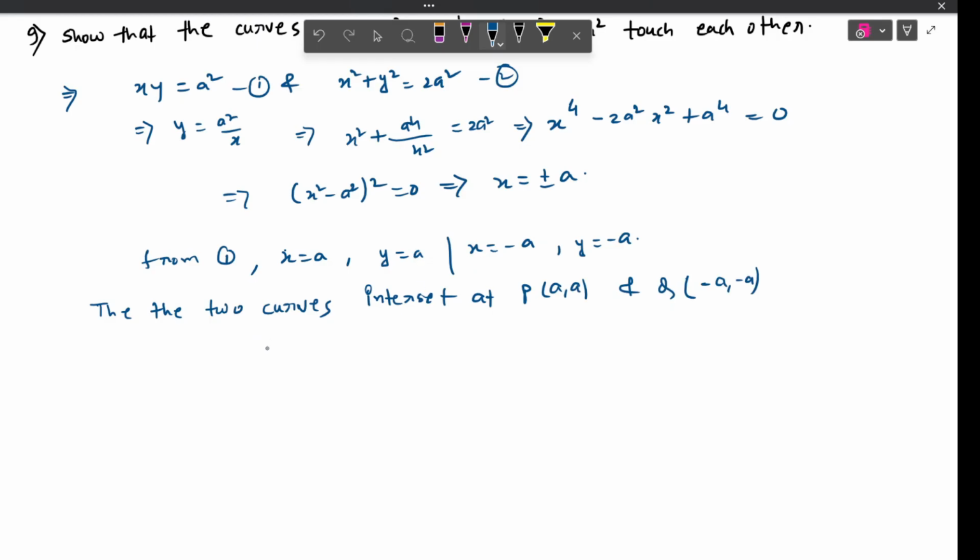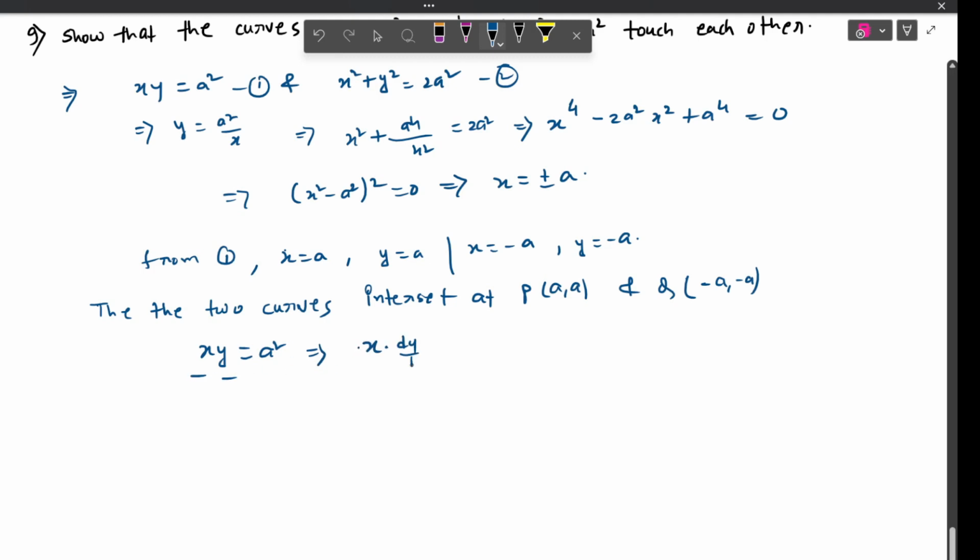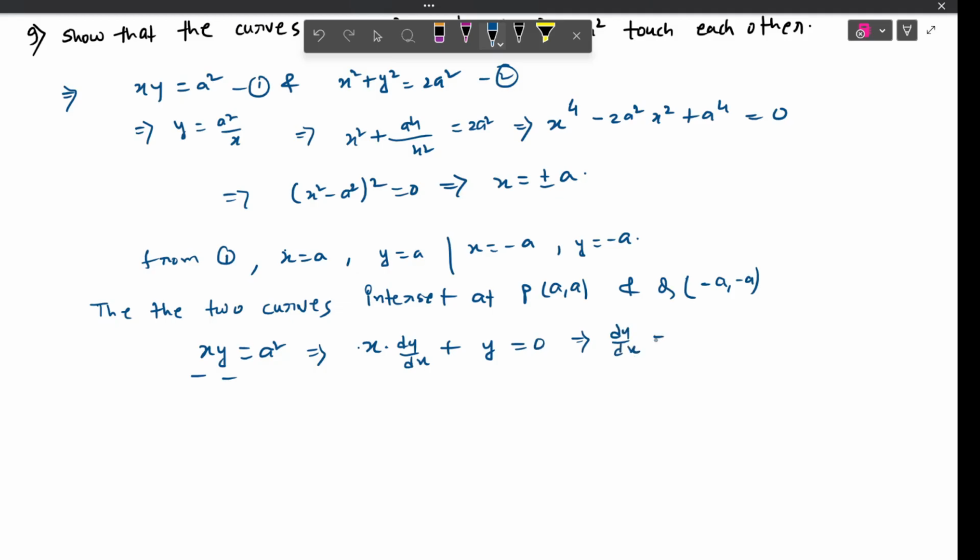Now differentiate this equation xy equals to a square. This is u into v rule, x into dy by dx plus y equals to 0. So this should be dy by dx equals to minus y by x, right?